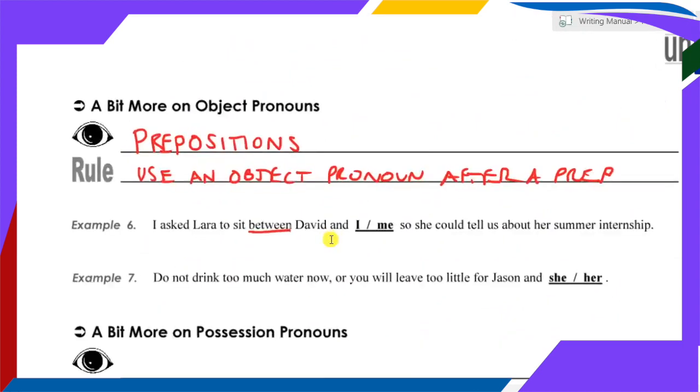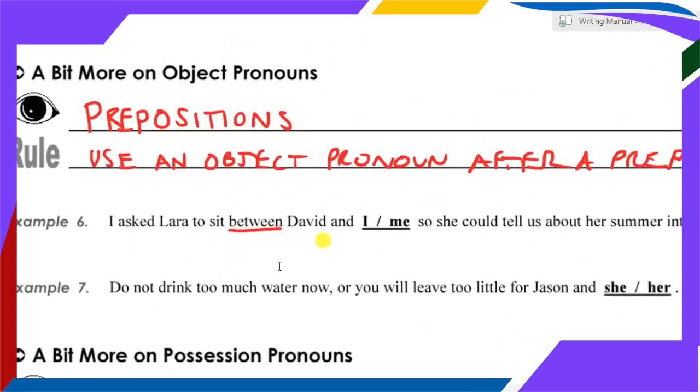The preposition between can cause some issues for students, because if I were to cross off the name and distractor here, the David and distractor, and reread this, I asked Lara to sit between I so she could tell us about her internship. I asked Lara to sit between me so she could tell us about her internship.